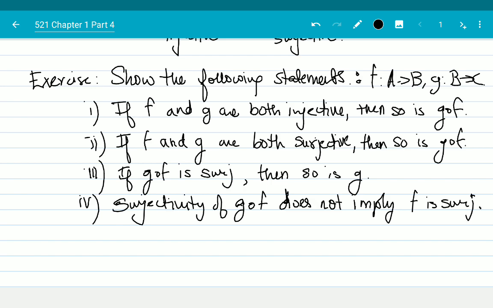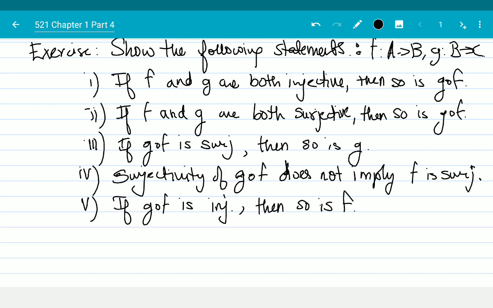Fifth, if G composed F is injective, then so is F.